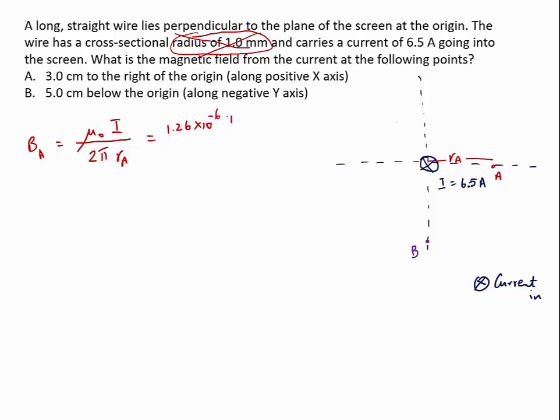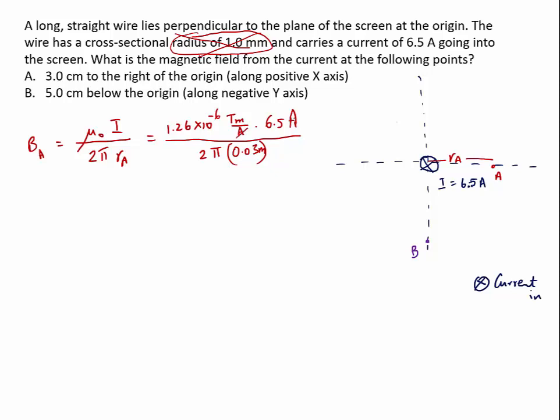It's Tesla meter over amps times the current in the wire, which is 6.5 amps, divided by 2 pi, and the distance for point A is 3 centimeters, 0.03. And this R is just the distance, so I don't care about the sign of it. I just want the physical distance, which is always positive. But I want to convert it to meters so that the units will cancel and I'll get an answer in Tesla.